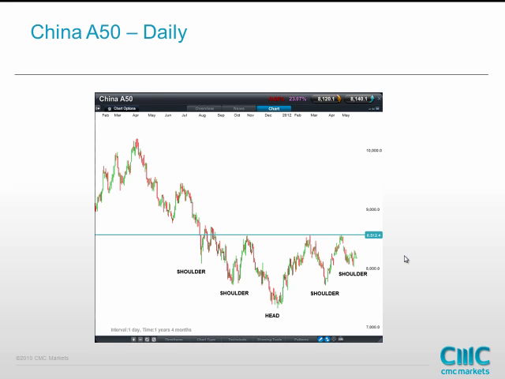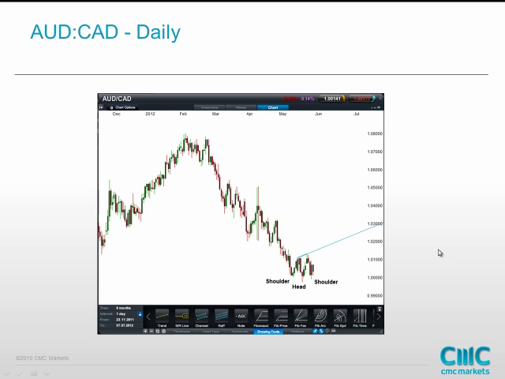So if we get a break on this, I'll come back to the blog, and as with all these setups we're looking at today, look at potential places to put stops and profit objectives if any of them do get triggered. Next, moving on to a currency chart here.